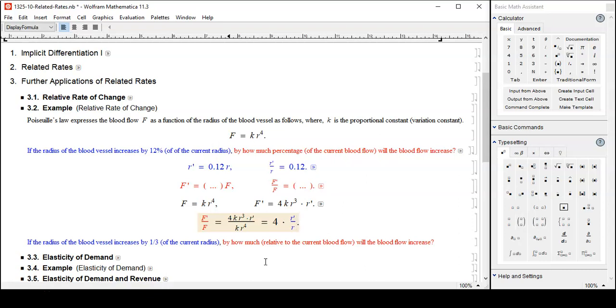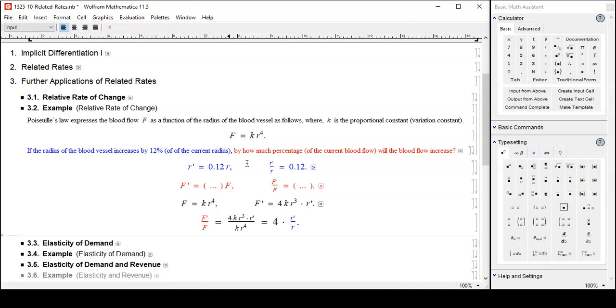Now, if the problem is like this down here, you'll have to put in 1/3 over there. I don't want to confuse you, so let's go back to the original problem. So that's 12%. So 4 times 12%, the desired answer must be 48%.